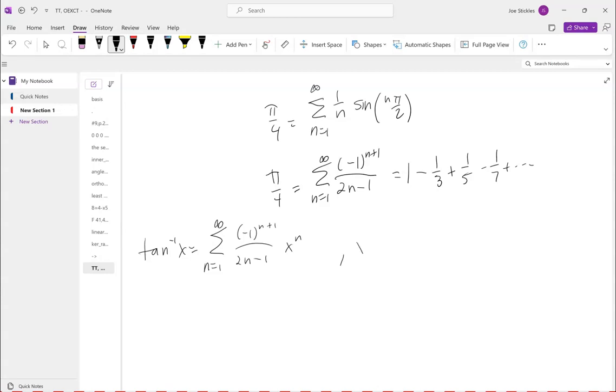It has an interval of convergence of -1 to 1. And notice you get the same result, right? If you put in 1 for an inverse tangent, you get pi over 4 out. The right-hand side is exactly the series we just wrote down. This is just another way to get the same series. This is fun stuff. I find it fun.